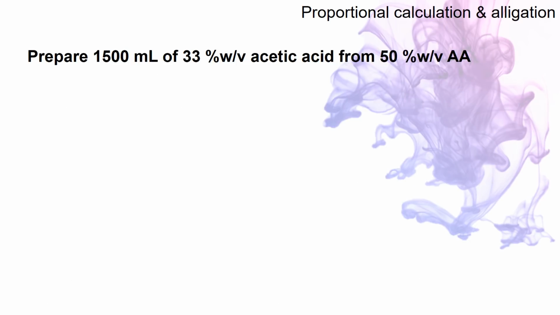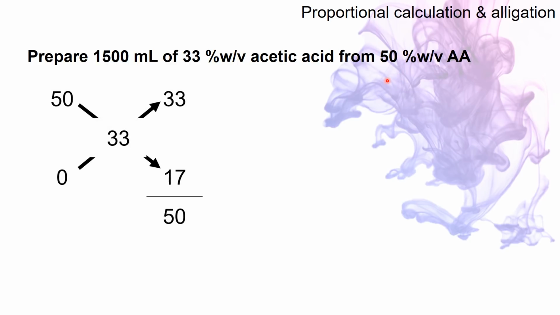This principle can also be applied when you only have one initial stock solution. In this case, you have to prepare 1500 ml of 33% acetic acid from 50% acetic acid. We use the same cross principle, and the second solution is considered to have a concentration of 0.